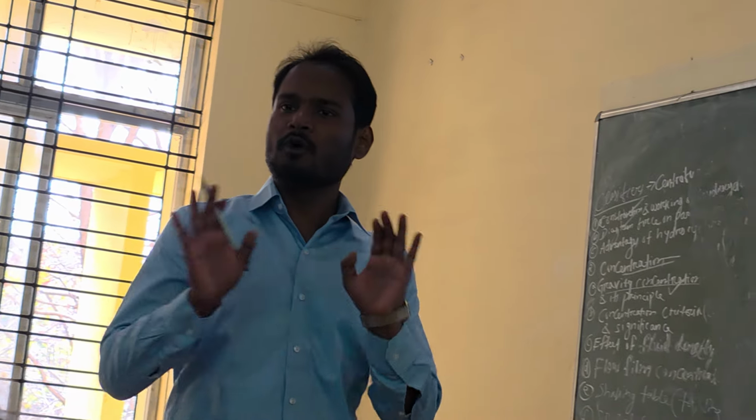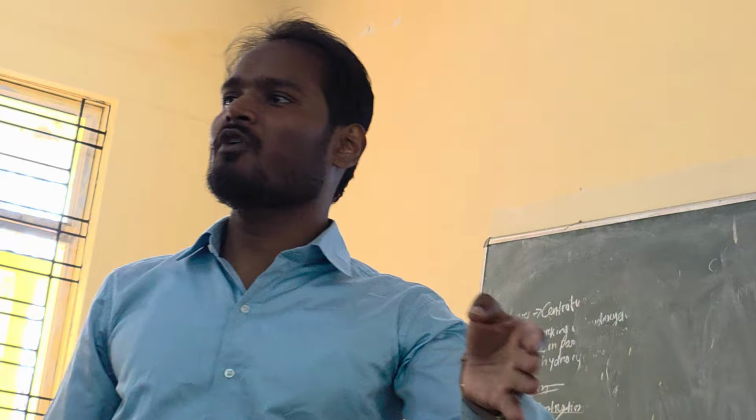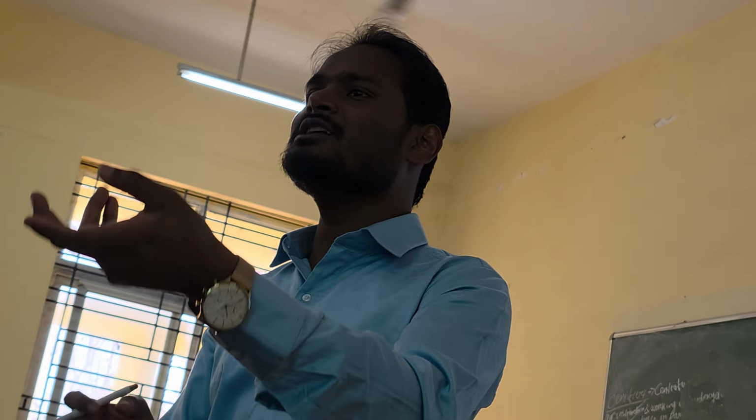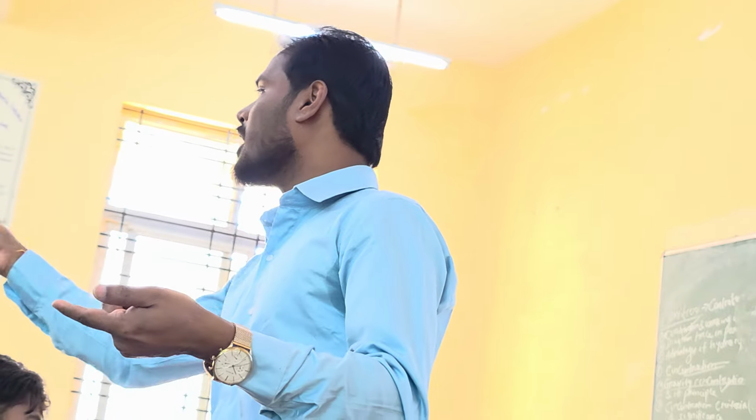So collectors have two ends: one is a polar end, one is a non-polar end. In a simple way, you can also write that one end is a hydrophilic end and one end is a hydrophobic end. The hydrophilic end will attach to the mineral surface, because the mineral is initially hydrophilic and you want to make it hydrophobic.